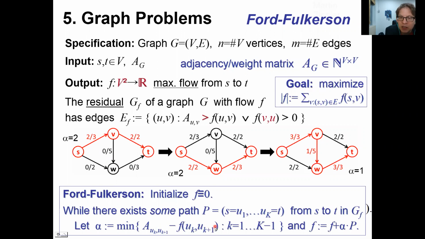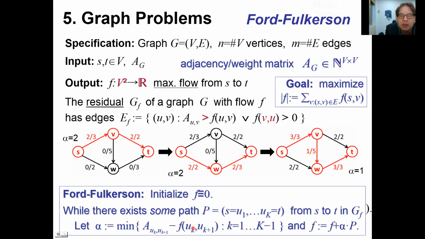So it cannot be 0, because 0 means that the edge has been removed from the residual graph. If the flow is already equal to the capacity, then that edge will be absent and therefore will not occur in the path. Therefore, all the edges occurring in this path have capacity strictly greater than the current flow. And since we're talking about integers here, strictly greater means at least 1. And this is important, and this is a reason why we don't consider real capacities here, because when a real capacity or residual is positive, it can be arbitrarily small, right?